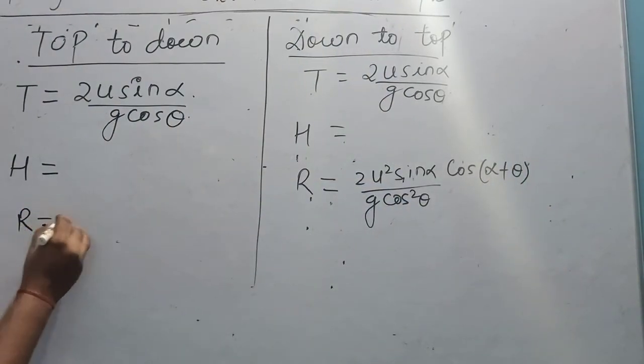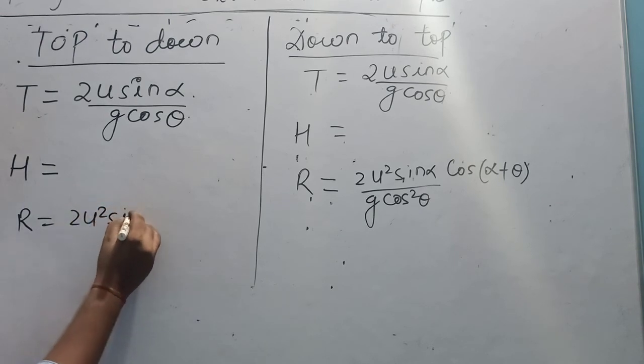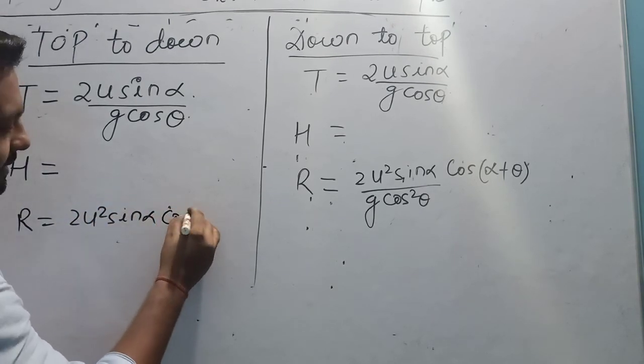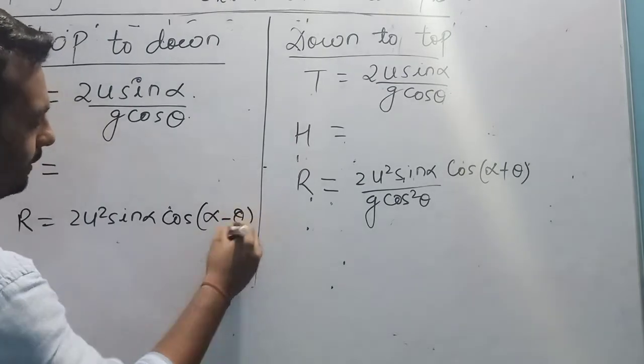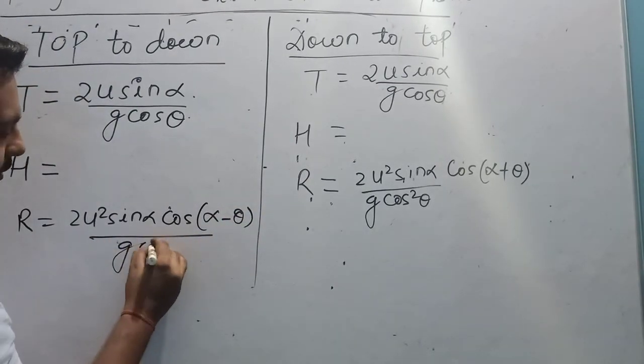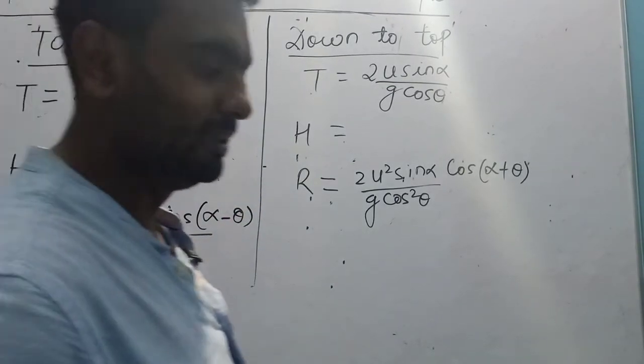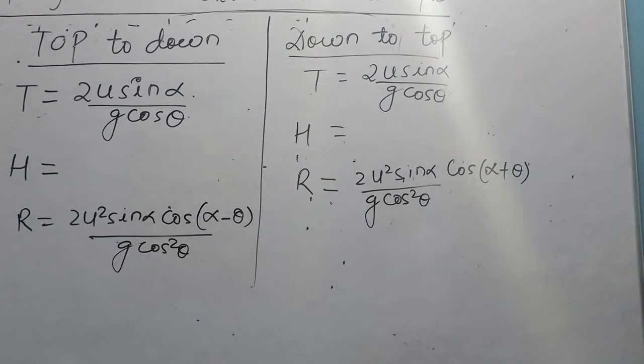In top to down, range was 2u square sin alpha into cos alpha minus theta upon g cos square theta. Is it clear on the phone screen? Okay.